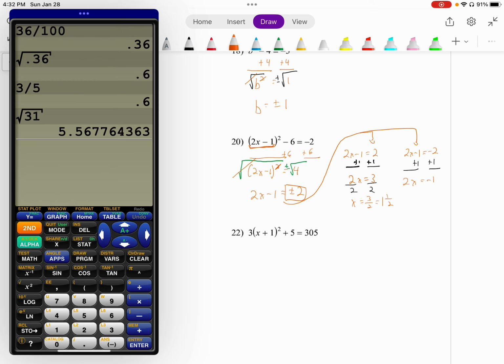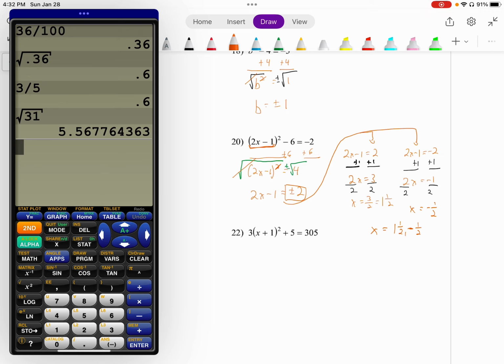And we can divide both sides by 2, and we get x equals negative 1/2. So this time, what we should do is we should write x equals 1.5, and then you just put a comma, negative half.